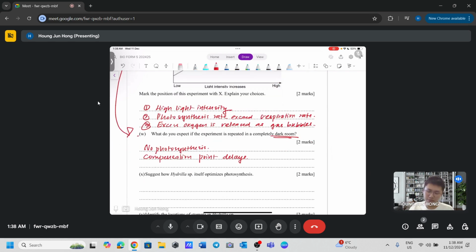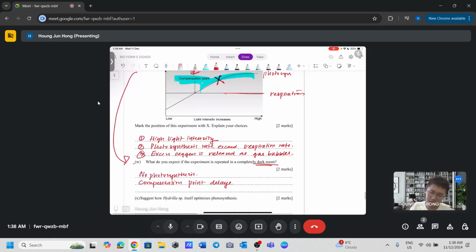Instead of having this over here, you will now be moving the entire thing in this direction. Delay, in a sense, because now you need more light to be able to trigger your photosynthesis, because you're already too dark.